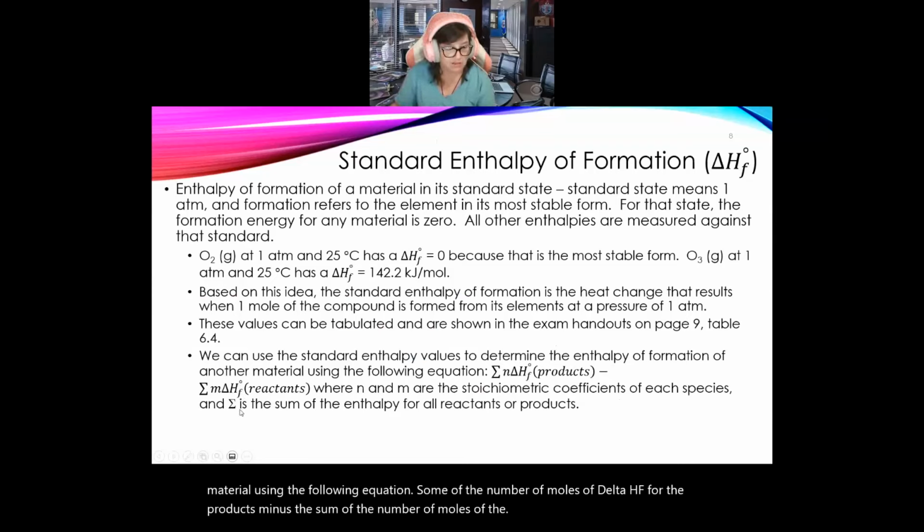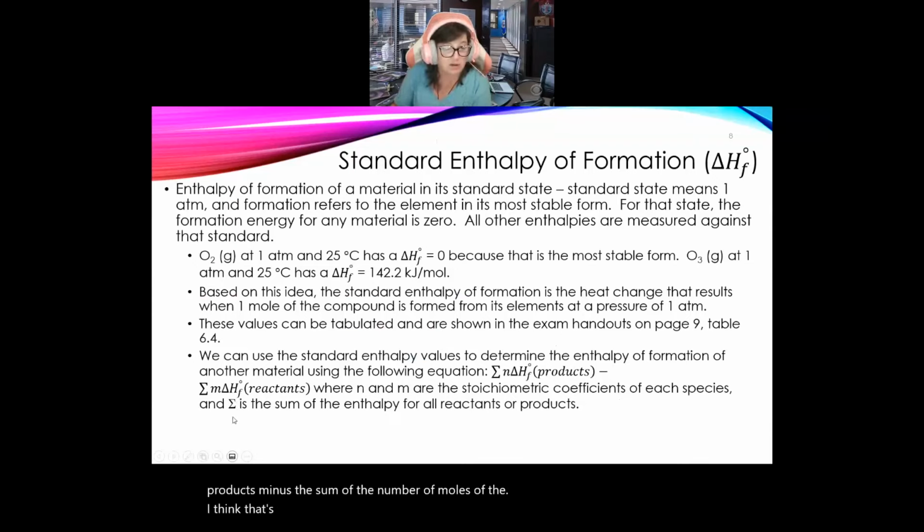I think that's sigma, the sum of the enthalpy for all reactants or products. Okay, so again, it's the sum of those materials. All right, so that's our general thought.